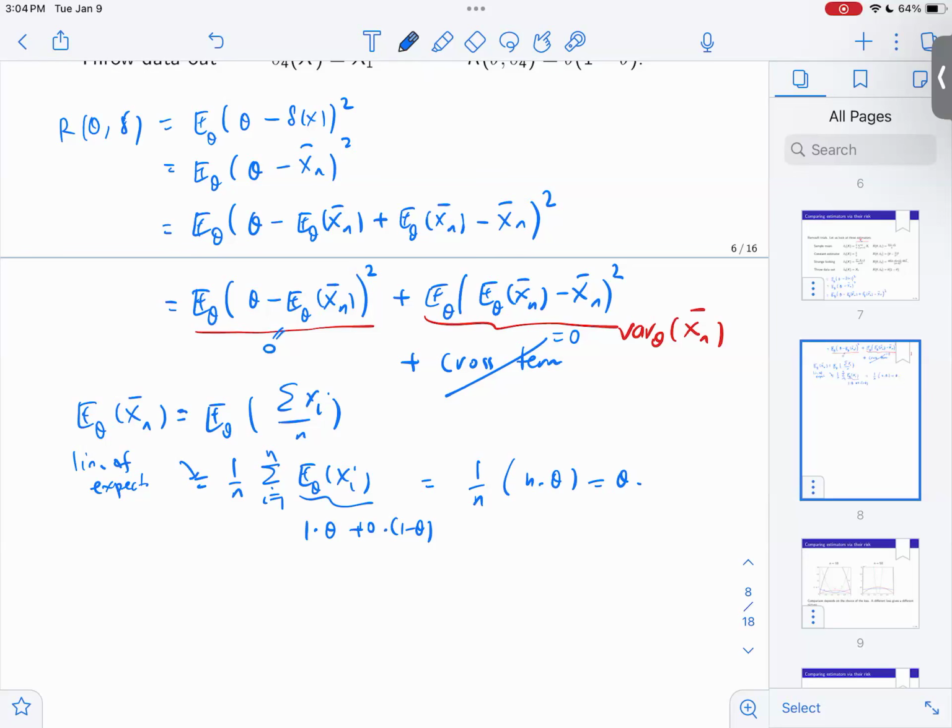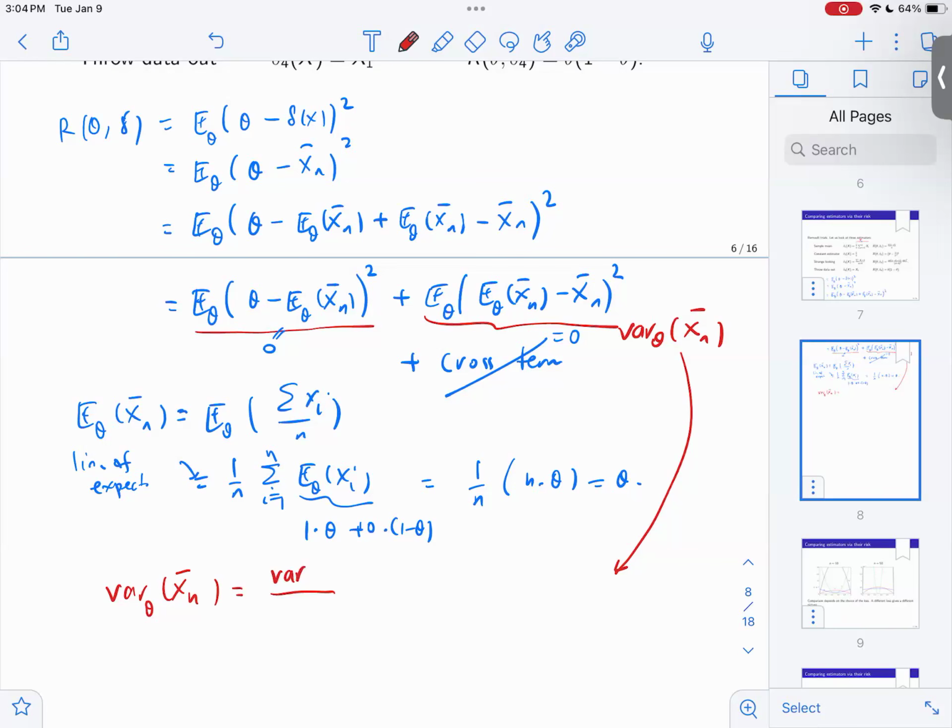So the risk is really the variance of x bar n. What is the variance of the sample mean if you have IID observations?